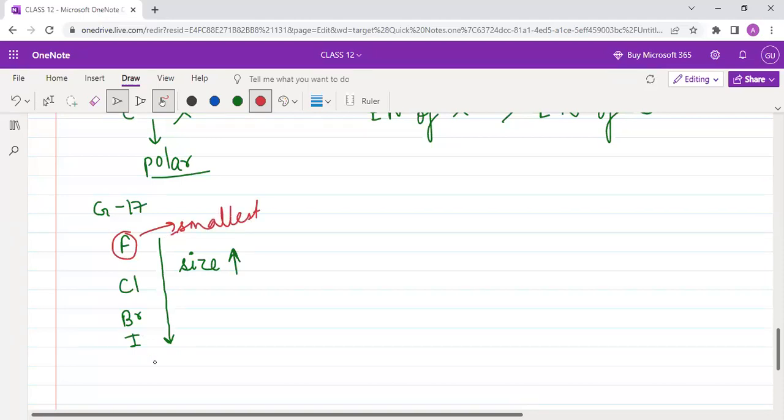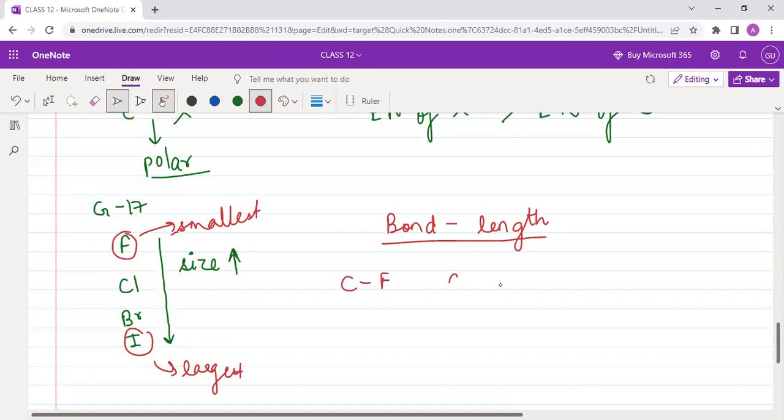So if we talk about the carbon-halogen bond length, which will have the smallest bond length? C-F bond, C-Cl bond, C-Br bond, or C-I bond?